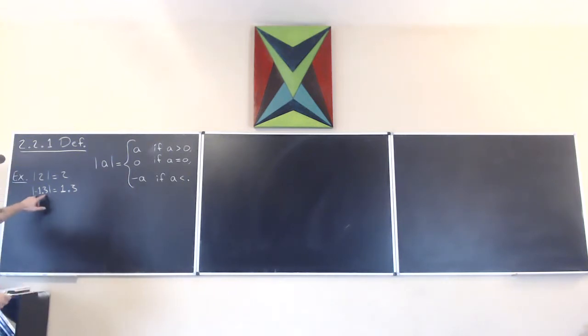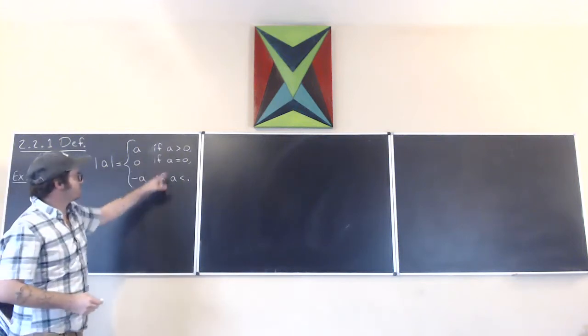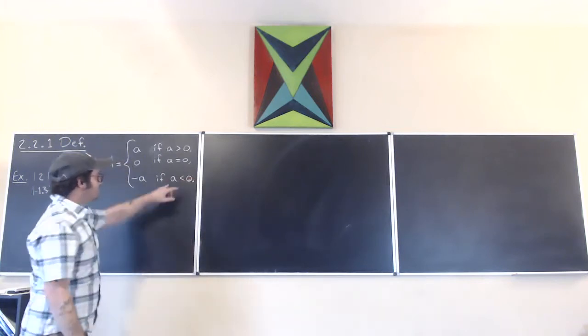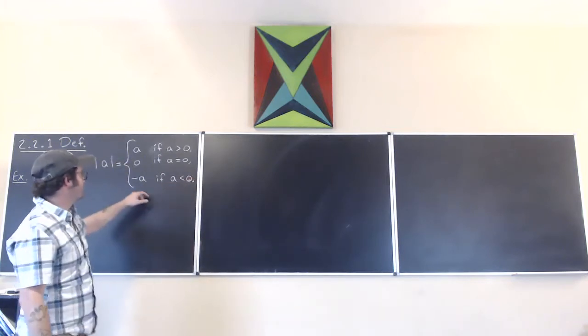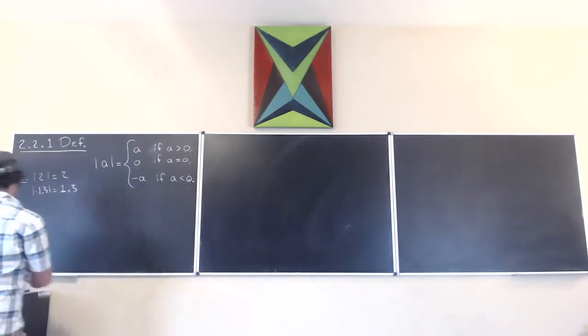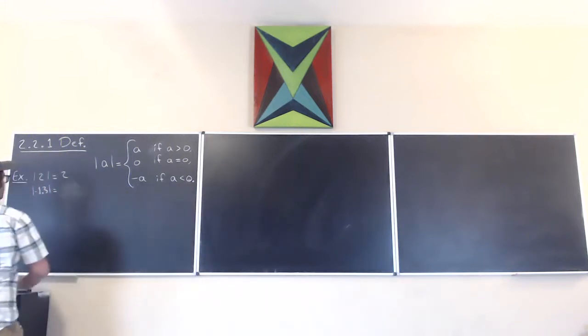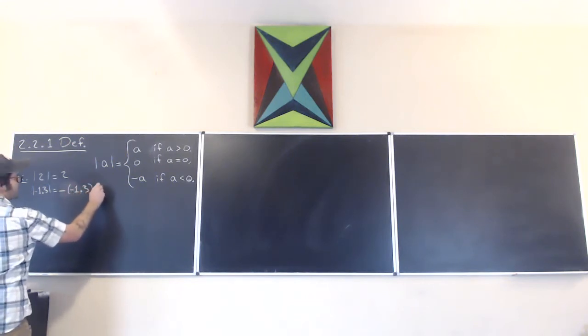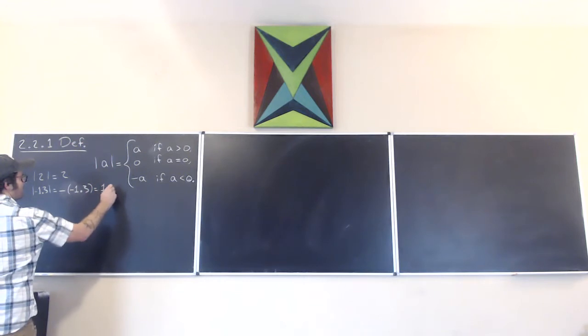So, for example, if A were negative 1.3, of all these conditions, this is 0 there. Negative 1.3 is less than 0, so we would take negative of that number. So really, using the formal definition, negative of negative 1.3, which is going to be just 1.3.